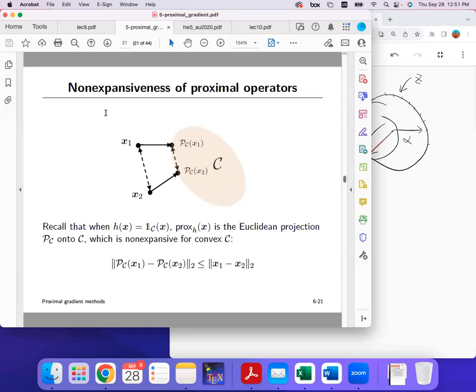And remember, when we talk about projection operators, we have this non-expansiveness property.